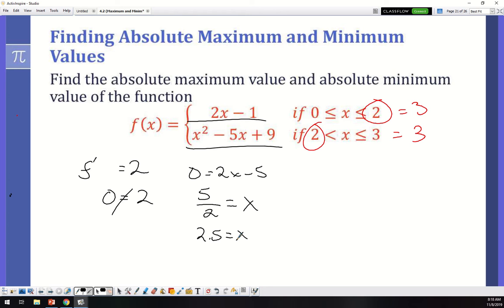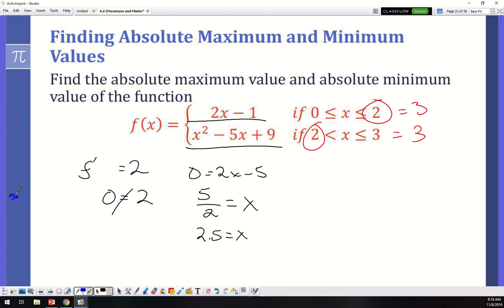So now I have to start checking endpoints, right? I checked the 2 and I got 3 on both of them. So let's go ahead and check the 3. So 3 squared, so 9 minus 15 is negative 6, plus 9 is 3.